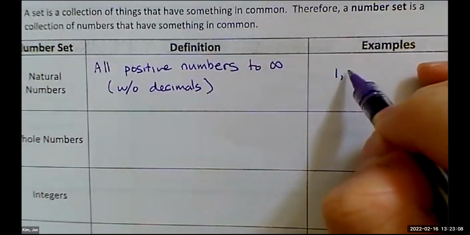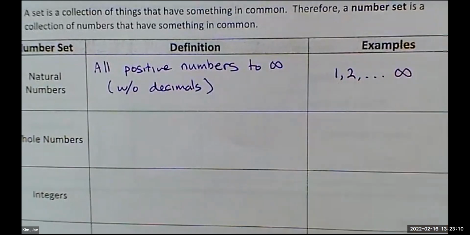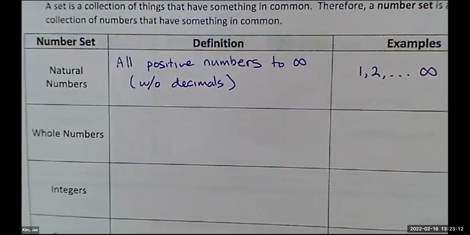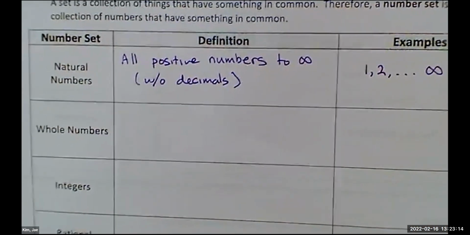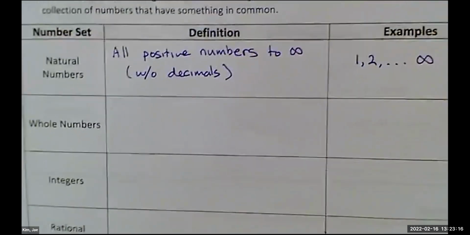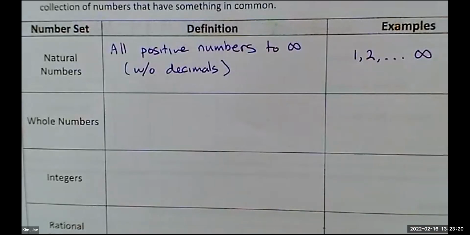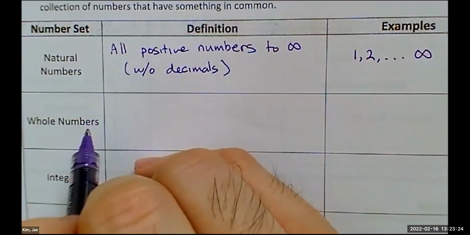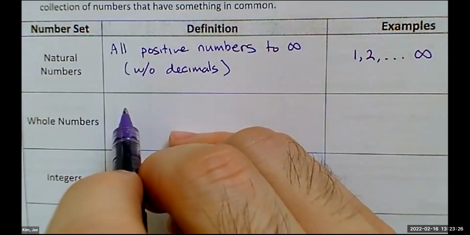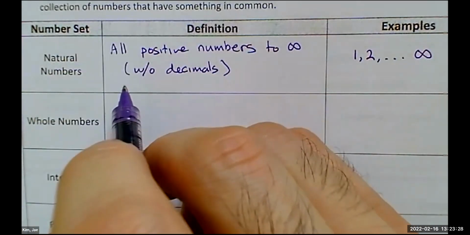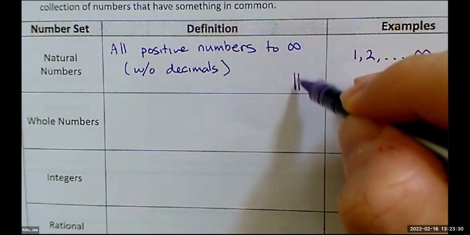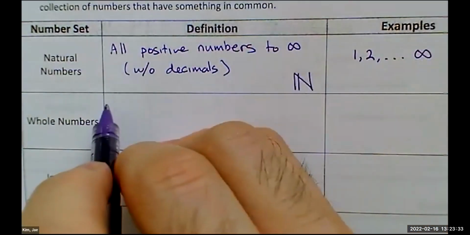So it would be 1, 2, dot, dot, dot, all the way to infinity. Whole numbers, instead of giving you a mathematical equation, I'm going to say they are basically natural numbers plus 0. Zero is not natural, right? 0 is not a natural number. And I'll write N here. Okay.